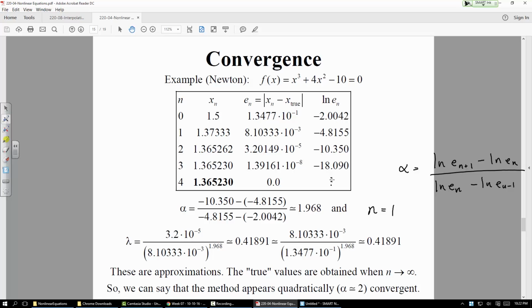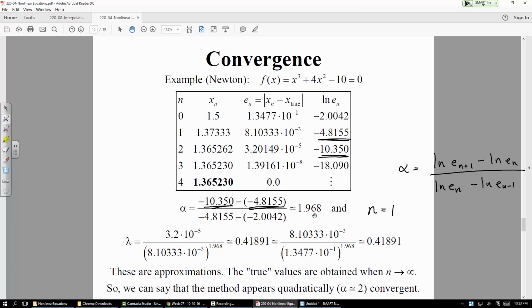That's what it looks like anyway, because this is supposed to be e sub n plus 1. So that's this guy. And then this is supposed to be the logarithm of e sub n, which is this guy. Yeah, so they could have used n equals 2 and that would have been more accurate. But anyway, you get 1.96.